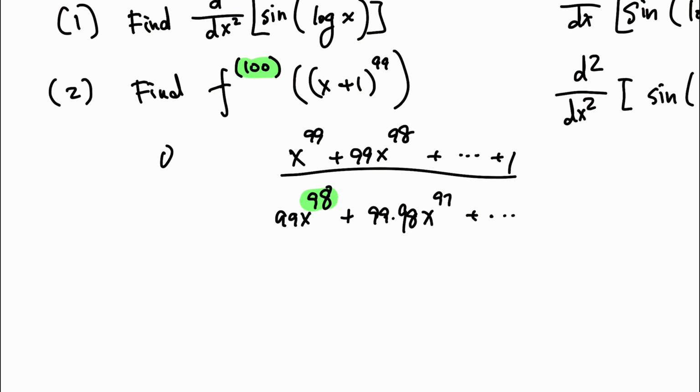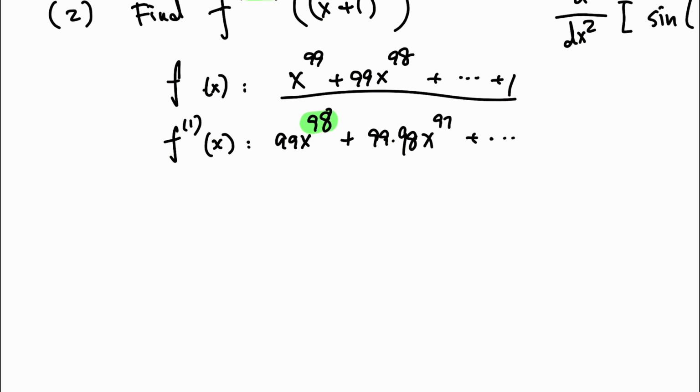So the zeroth derivative, so the original function, f, is this, f of x. f prime of x, so let's just write it as f parenthesis 1 of x. That's degree 98.